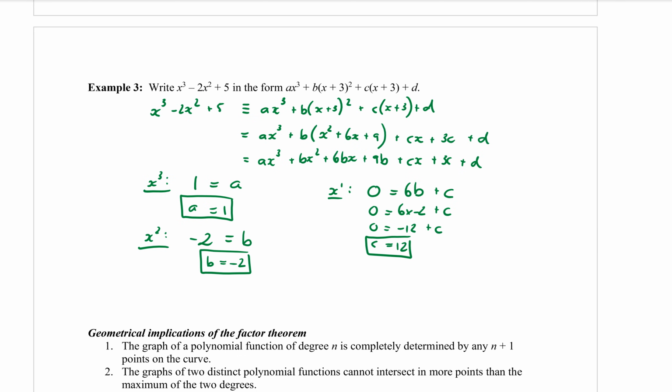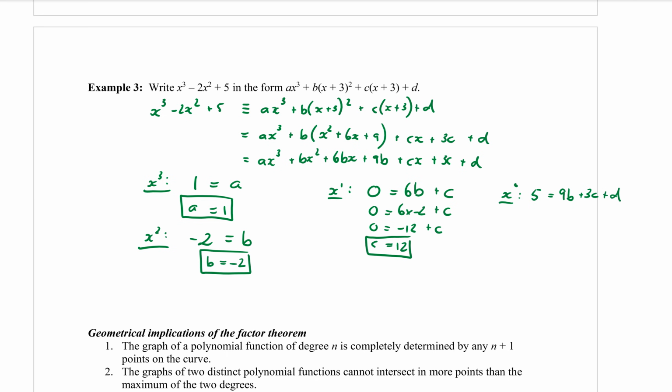And I then want to find my constant, which we call x to the power of 0. On the left-hand side, my constant is a 5. On the right-hand side, I've got 9b, I've got 3c, and I've got d.